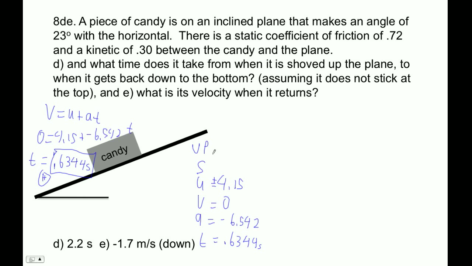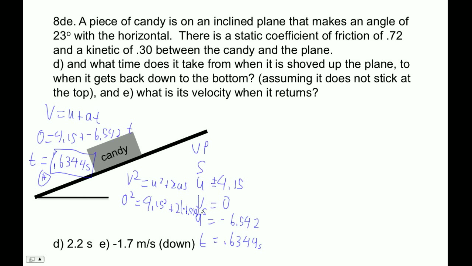we're going to figure this out. I'll use v squared equals u squared plus 2as. So 0 squared is 4.15 squared plus 2 times our negative 6.54 times s.